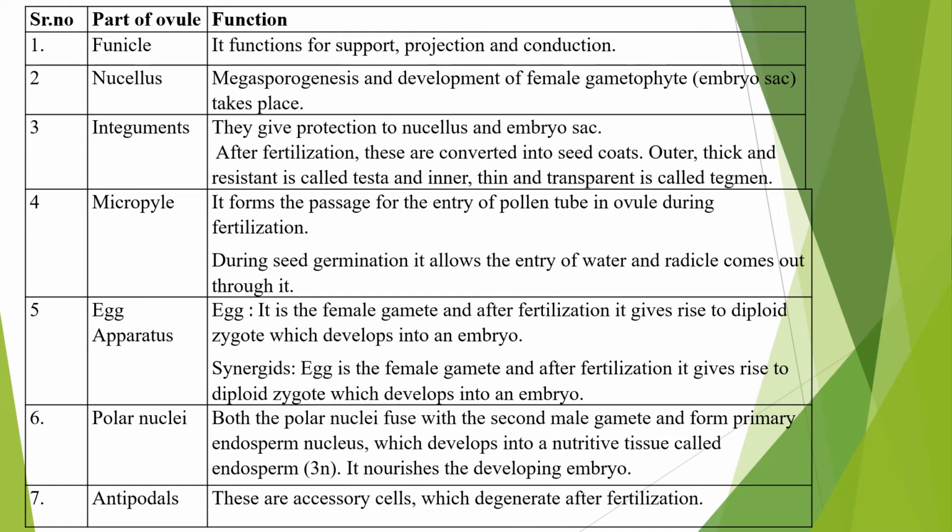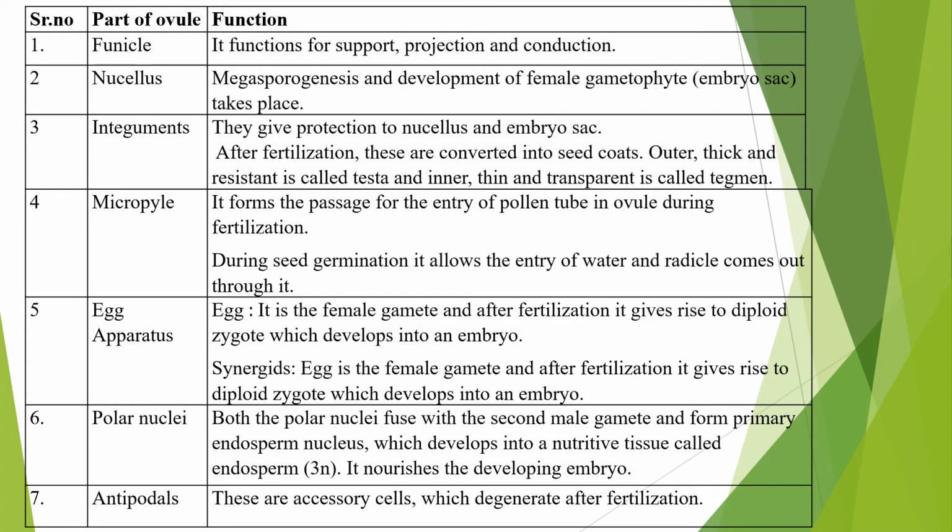These are the functions of different parts of ovule. You can see here funicle, it is for support. Nucellus: inside the nucellus development of female gametophyte takes place. Integuments are for the protection of nucellus.